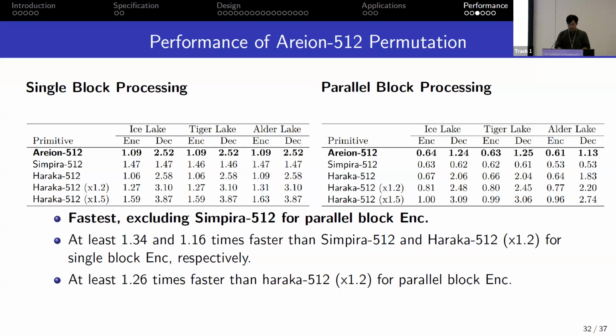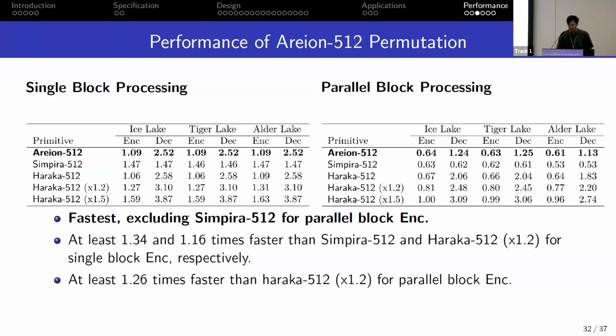And this is the performance of the Arayon 512 permutation. The Arayon 512 permutation is the fastest, excluding Simpira 512 for parallel block encryption.